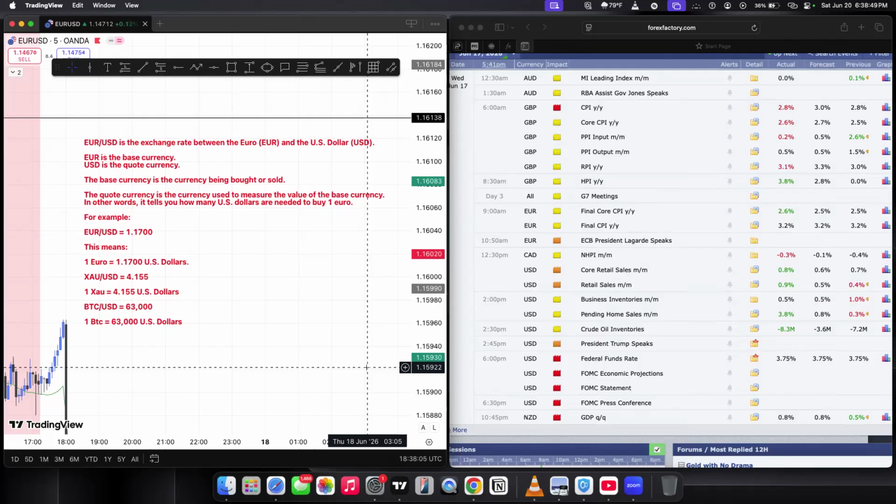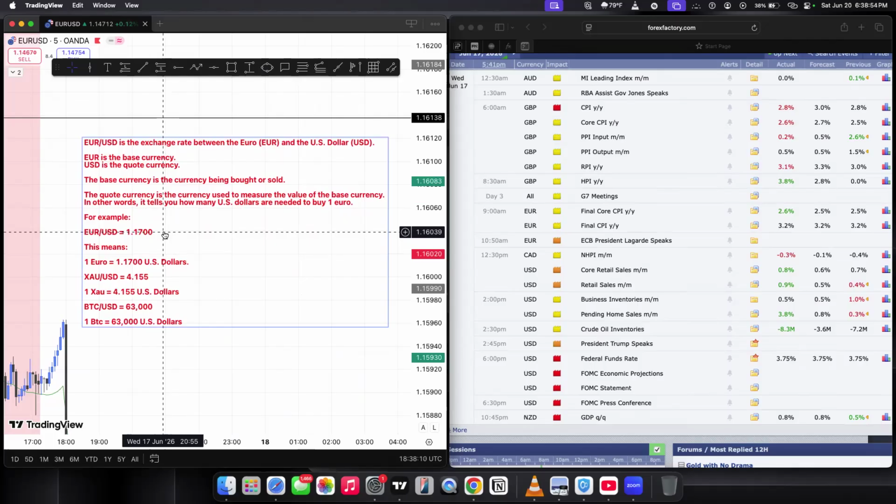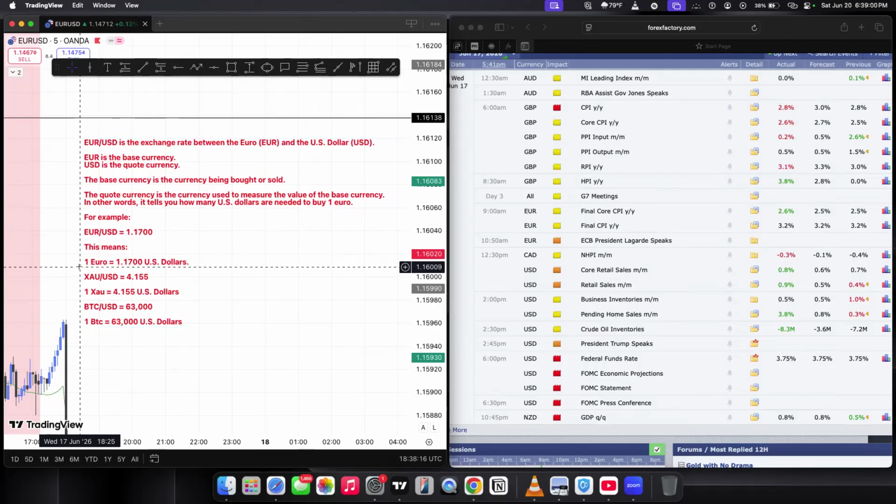Okay, so now, for example, if Euro USD is at 1.1700, this means that 1 euro is equal to 1.1700 US dollars. It's self-explanatory.